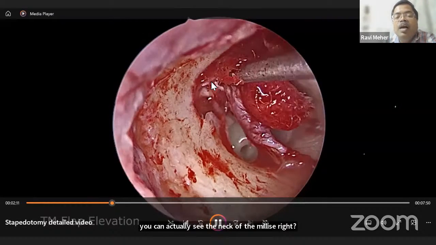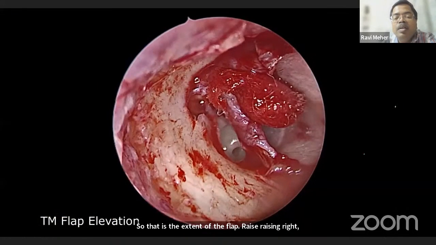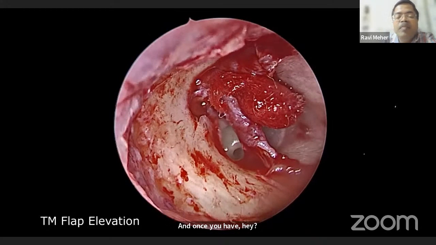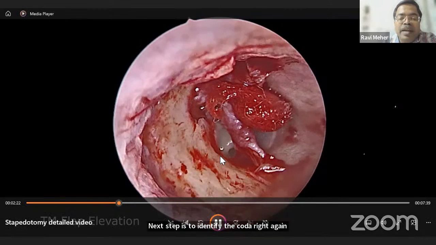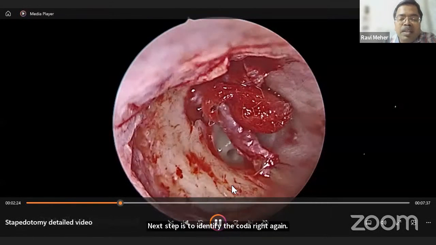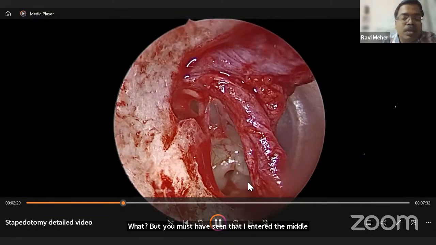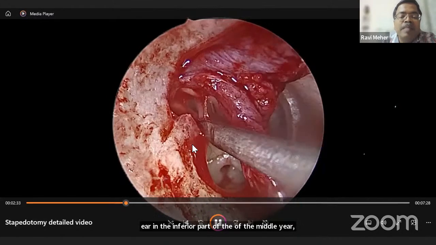Right? And once you have elevated the flap, the next step is to identify the chorda, right? Again, you must have seen that I entered the middle ear in the inferior part, because if you enter superiorly, you might damage the chorda, right?